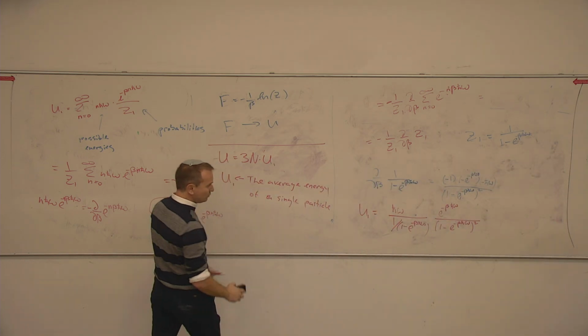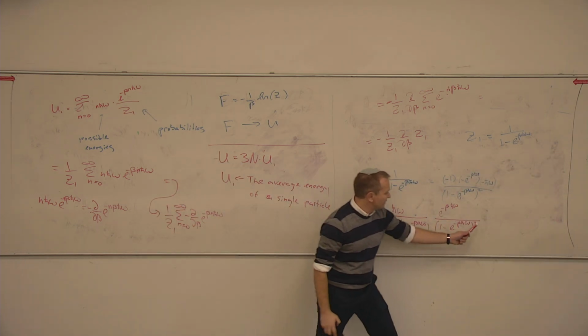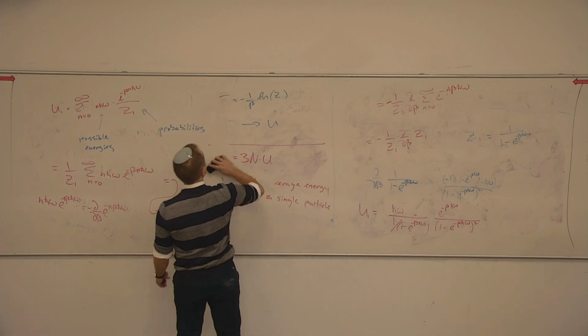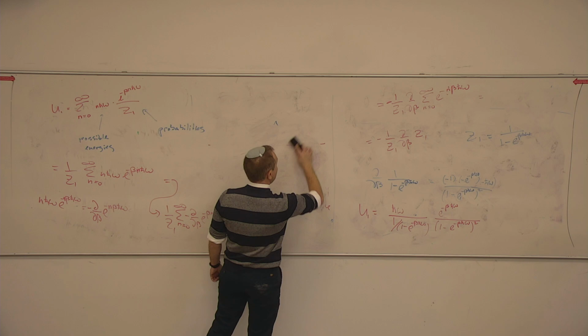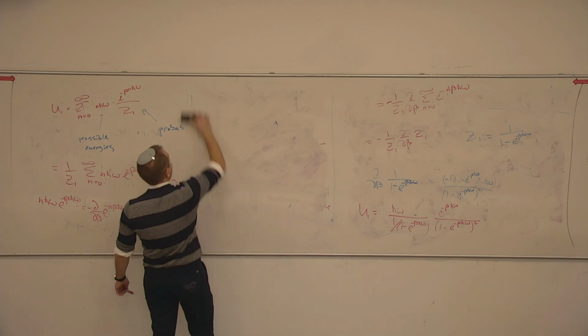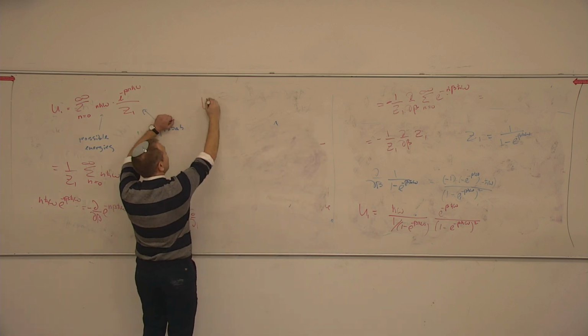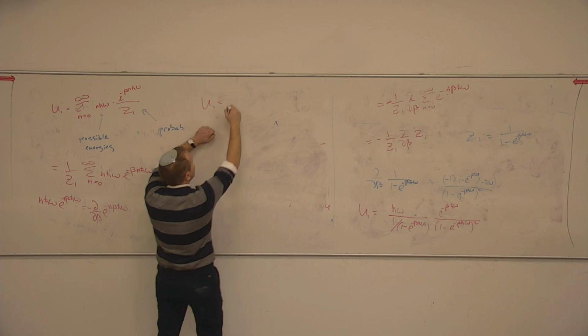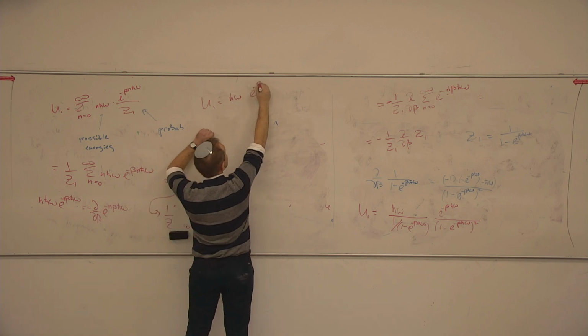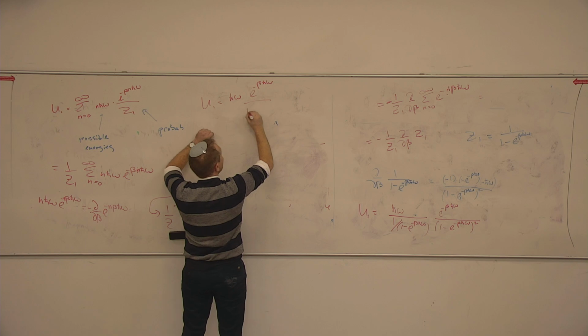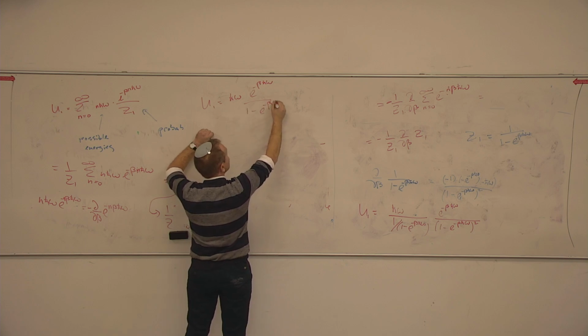I can cancel out this guy and the second power. So therefore, u1 equals h bar omega e to the power minus beta h bar omega divided by 1 minus e to the power minus beta h bar omega.